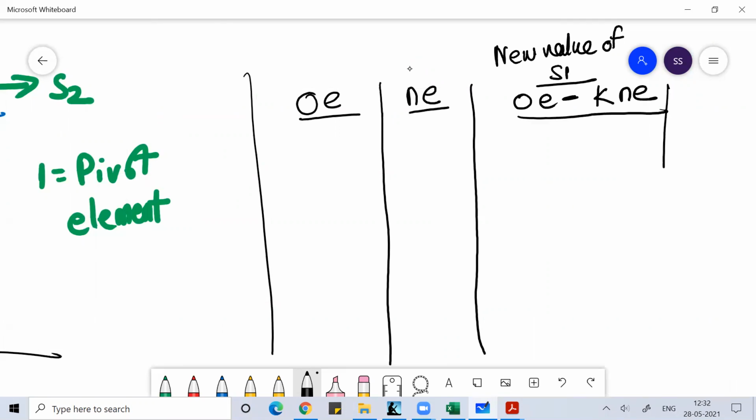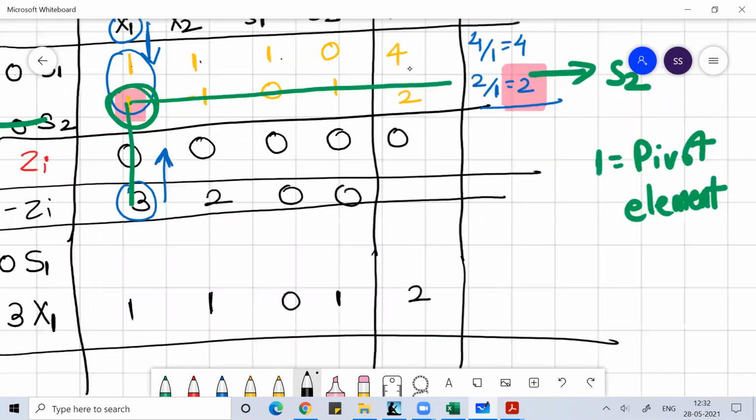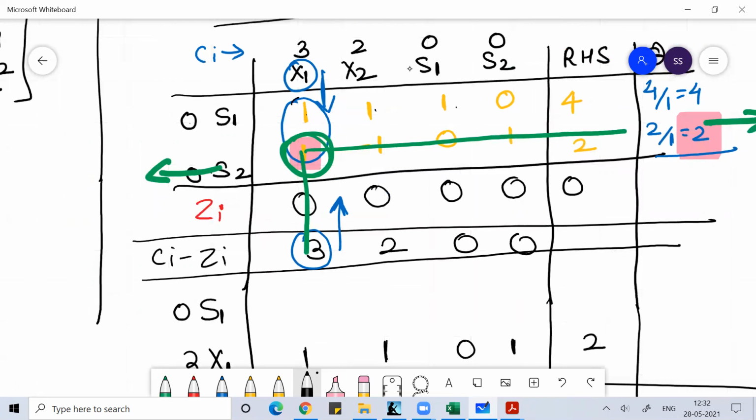What is k? K is the constant, the corresponding value of the pivot column in that row. K here is also 1.